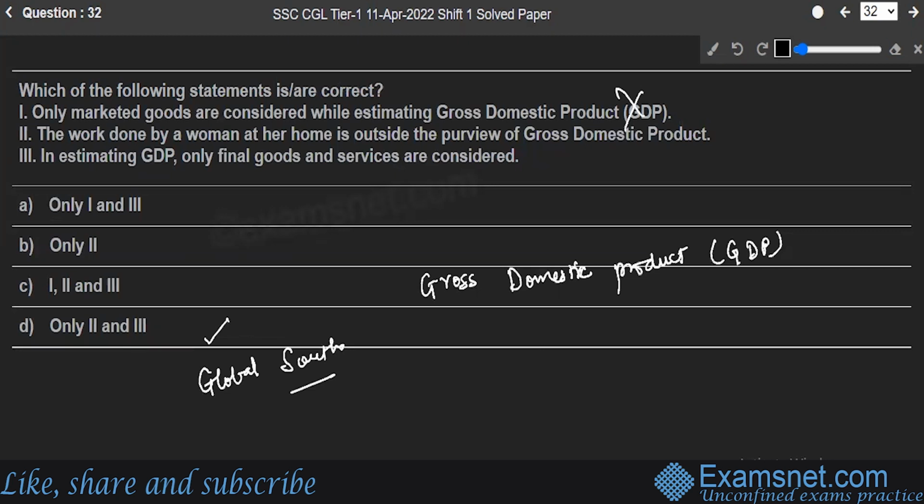Non-monetary goods and services like cooking, which is done by a housewife, are not included in GDP. Also, to avoid double counting, that's adding the value of output to the GDP more than once, GDP only counts ultimate output of commodities and services, not intermediary items or the labor value in the supply chain. So both of these are correct. Hence, option D is the correct answer for this question.